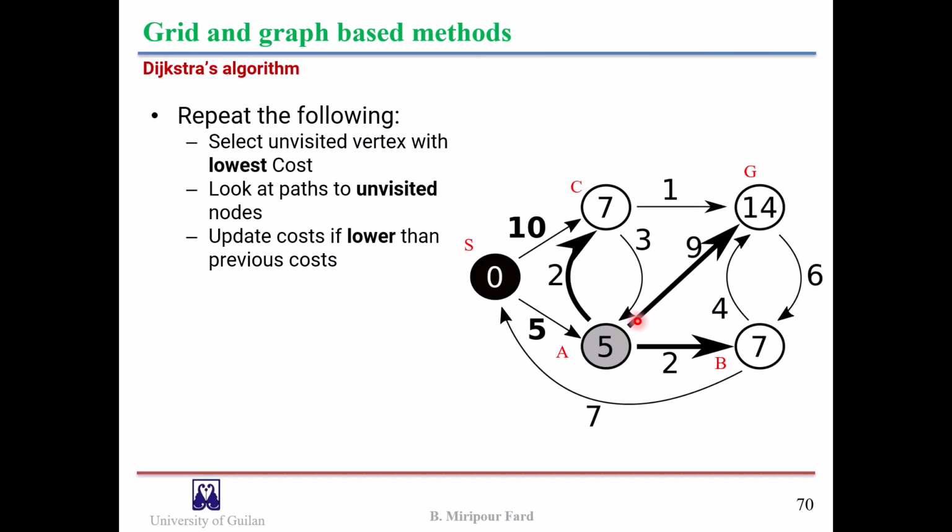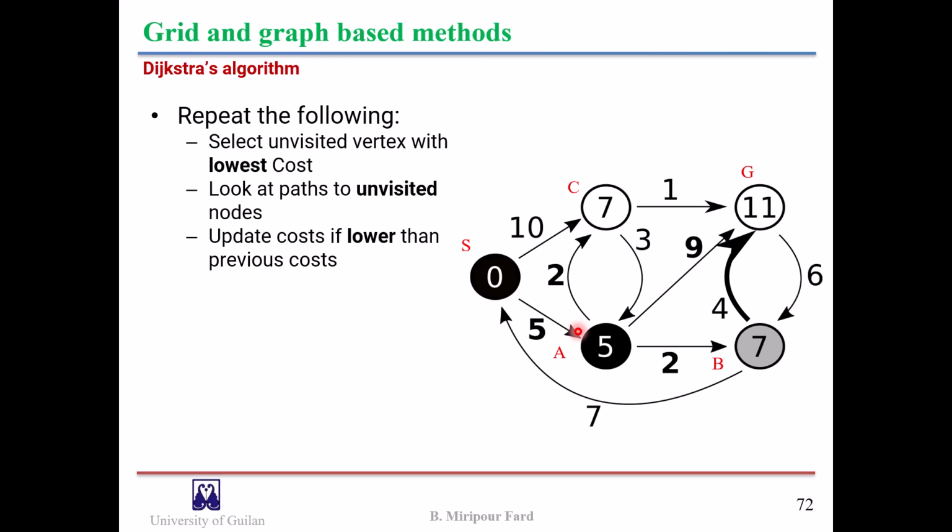Here, the cost to arrive at nodes B and C are the same. So we go further and compute the cost to arrive at G from these nodes. The cost of the direct path from A to G is 14, and if the path goes through B, the cost will be 11, as you can see here.